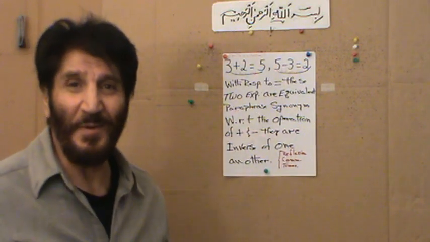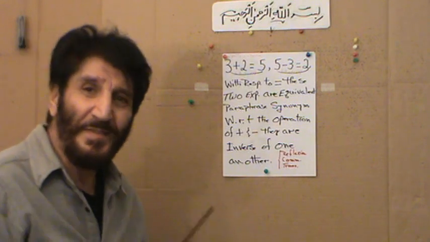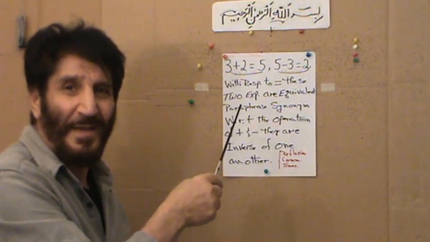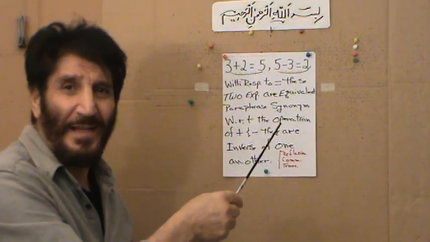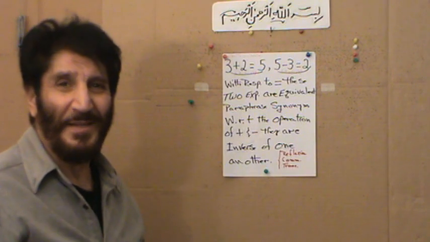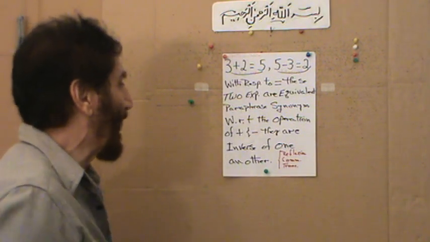They are inverse of one another. Do you follow me? So in one sense, they are equivalent, synonyms, paraphrases of one another. In another sense, they are inverse of one another.